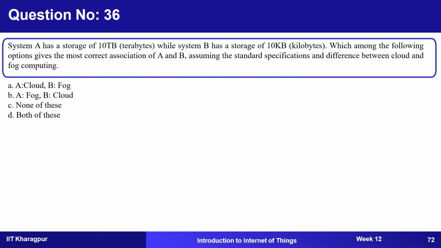Anyone else? No, ma'am. B. On the basis of storage, you have to decide whether the A system is cloud or fog. Cloud provides more storage as compared to fog. So the correct option is cloud, because A is giving 10 TB storage and B is giving 10 KB.